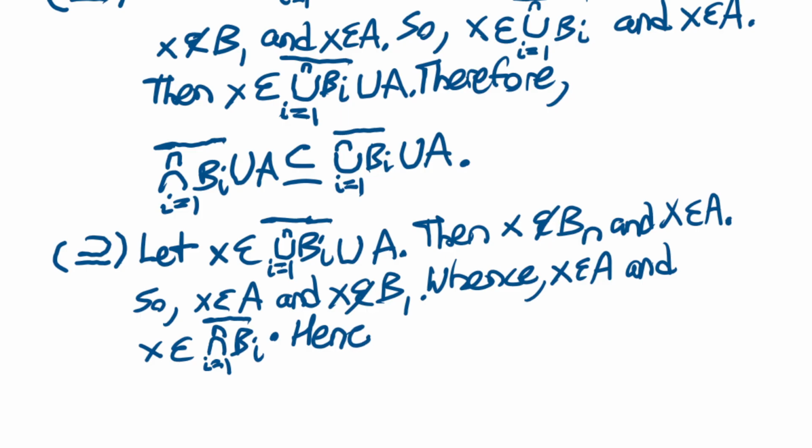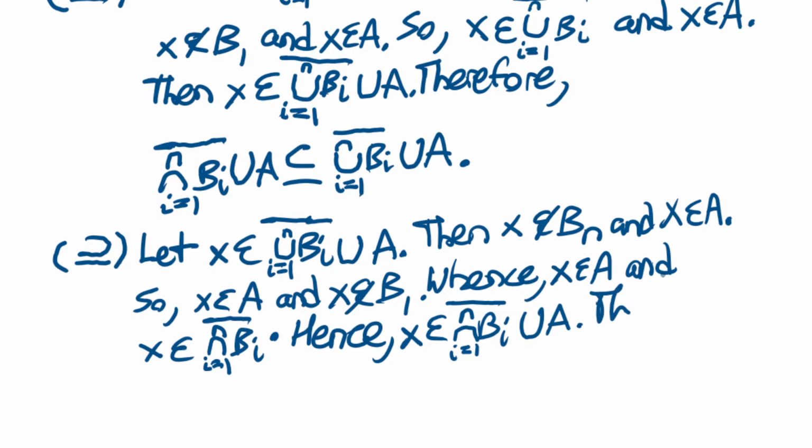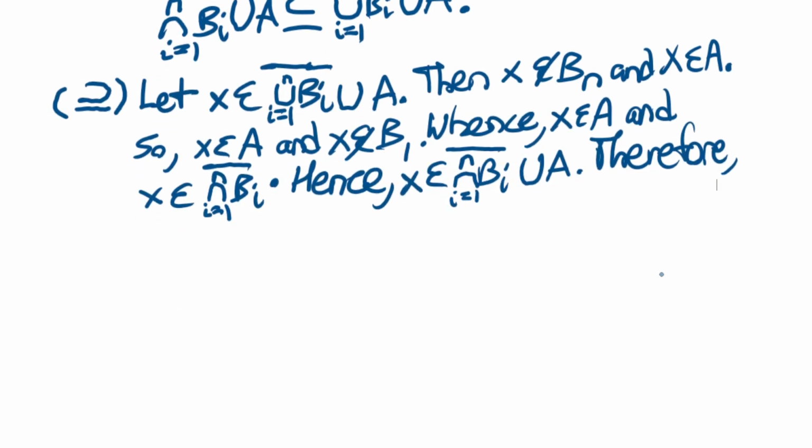So hence X is an element of the complement of the indexed intersection of sets Bi union A. So, therefore, we have shown reverse containment.